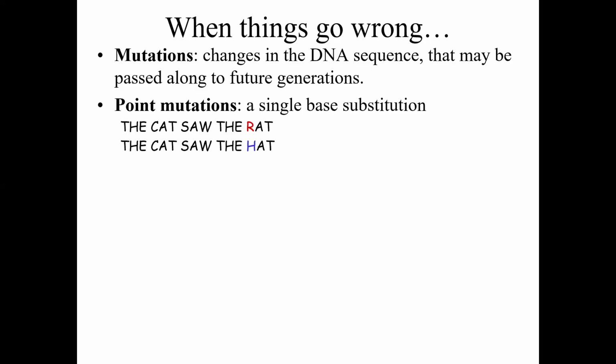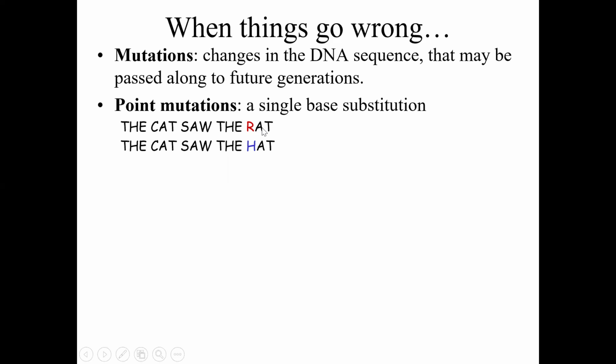So we have different types of mutation. We have the single base substitution, which we call point mutation. For example, assuming this is our genetic code, in the sentence that reads, the cat saw the rat.